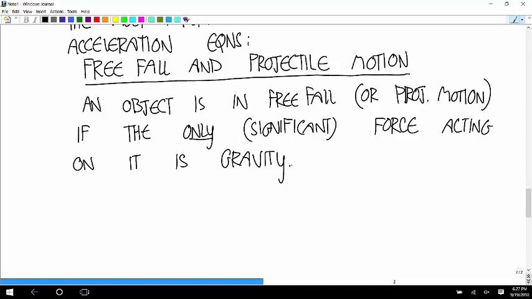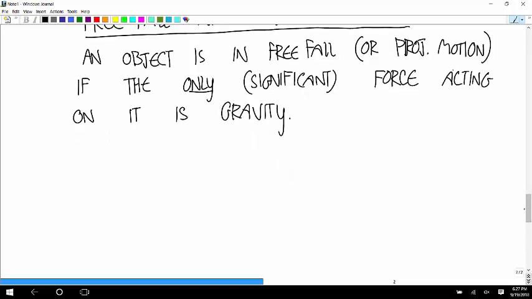And so what we're going to be talking about now are objects that are moving through the air, and the only force acting on them is gravity. So they're not touching anything, and there are no significant air effects, no significant air resistance. And we'll talk about that assumption later today.